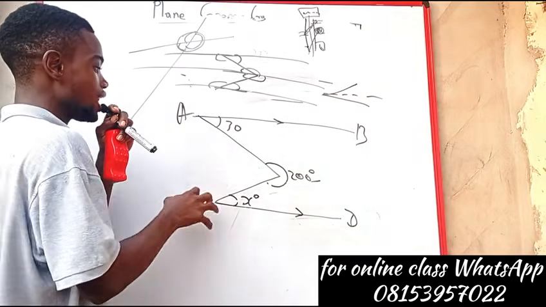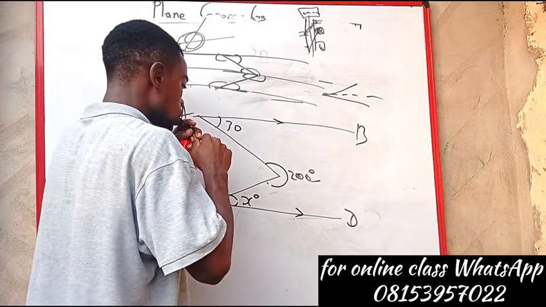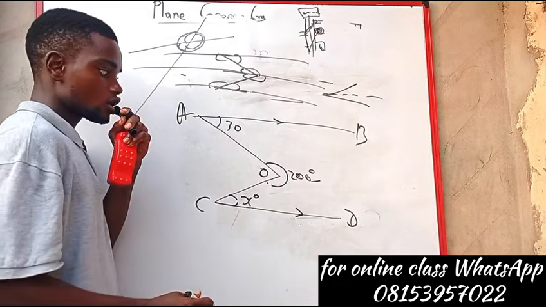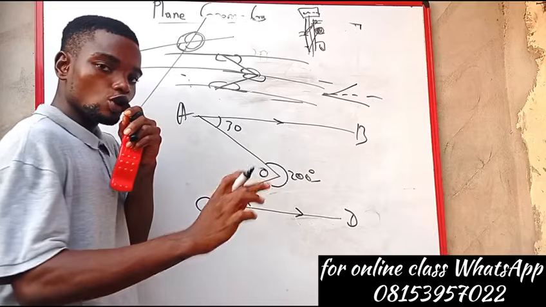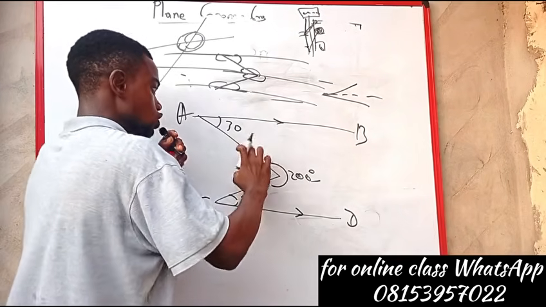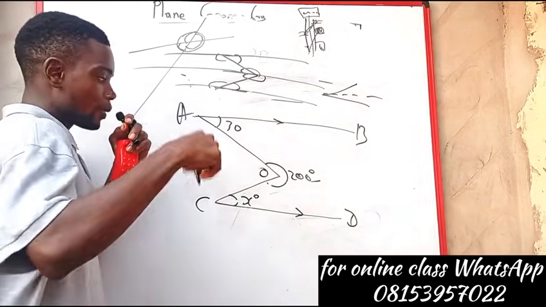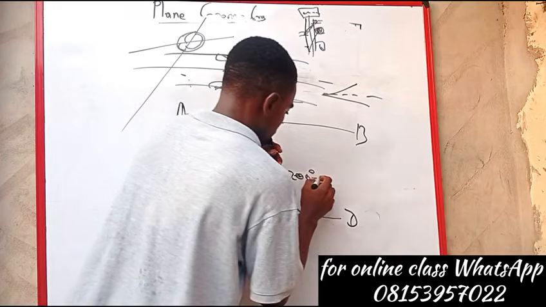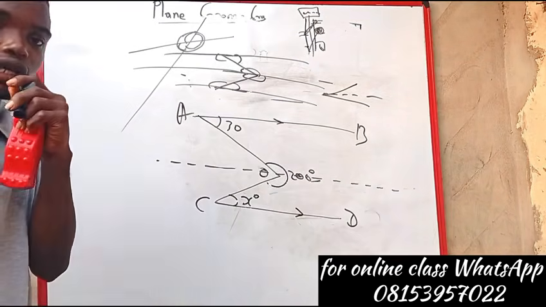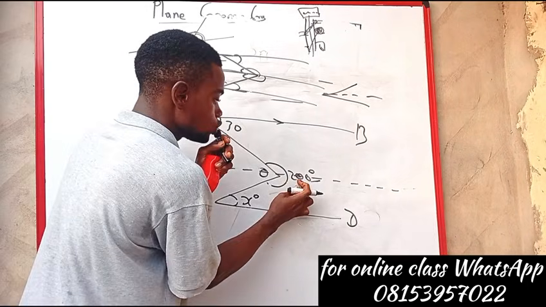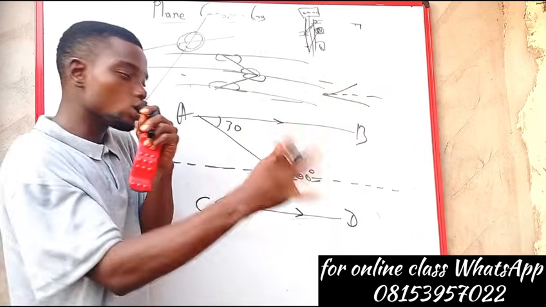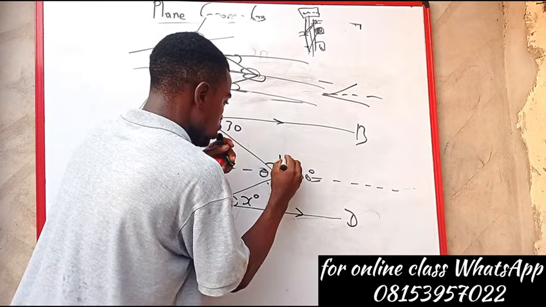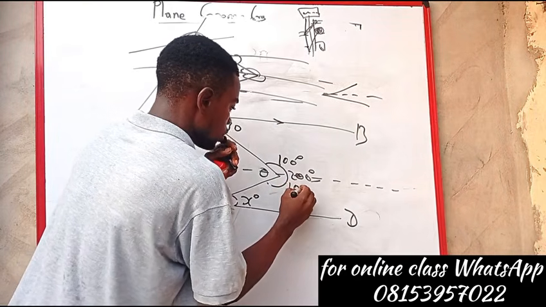Now you're going to produce a line crossing through center O. Produce a line crossing through center O because there's no connection between this line and this line. You have to draw that parallel line crossing through this line over here. You have drawn a line. Now this line has divided this angle, 200, into 100 and 100. So here now becomes 100 degrees, and here now becomes 100 degrees.